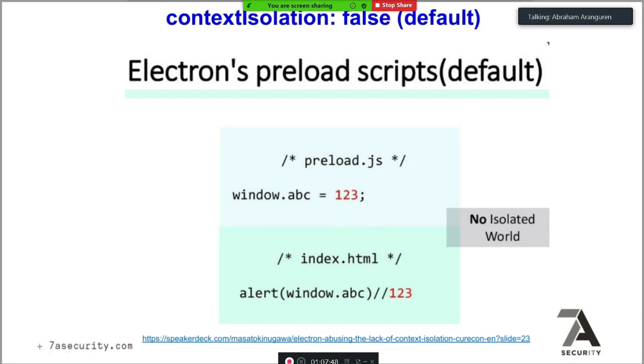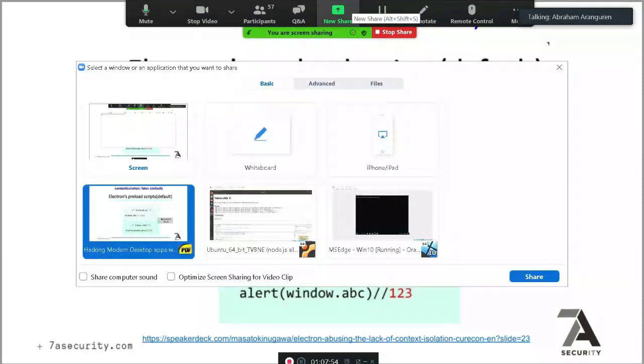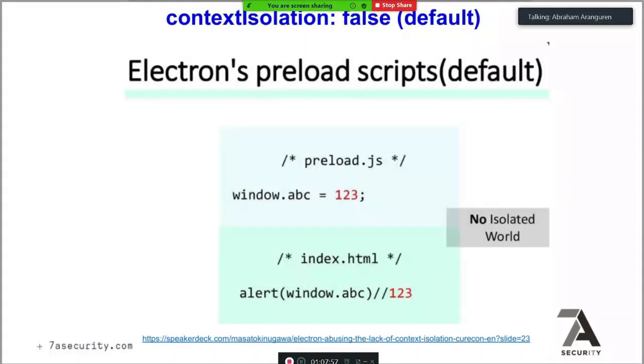The preload script is a script that, wait, let me see. Are you seeing my slide? Yeah. Okay. So the preload script runs with the privileges of the main process, so it has more access. It has access to Electron functionality, for example.